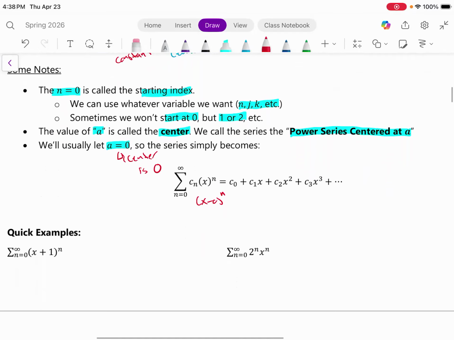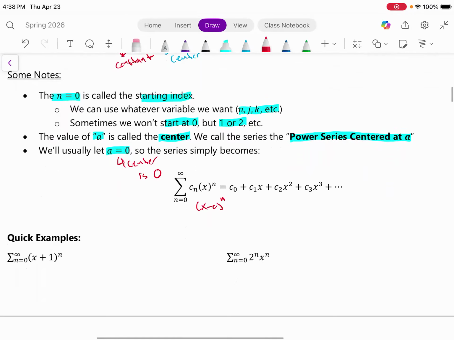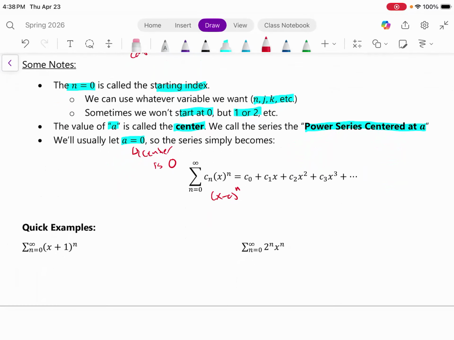Let's look at a couple quick examples of identifying the center. Here's a series starting at n equals 0, x plus 1 to the n. Remember the general makeup of a power series is c n times x minus a to the n, but here we have plus 1.